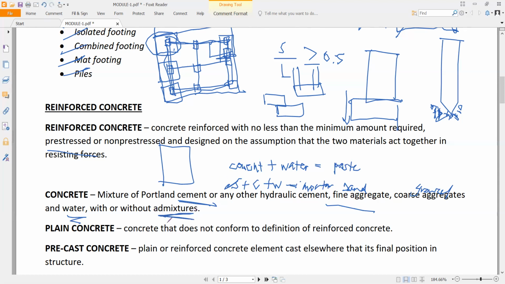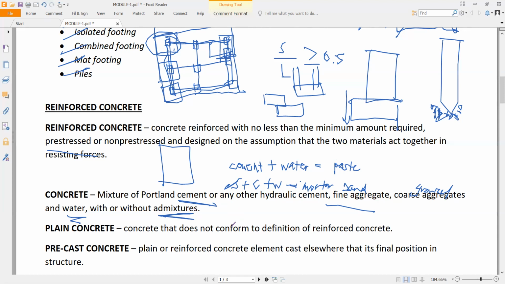So, with or without yung admixture, it is optional for us. But sometimes, we add admixture to increase the strength of our concrete. Sometimes, we add admixture to speed up the curing period para mabilis matuyo depending on the need. For example, sa road repair natin, kailangan mag-open kagad yung road natin.